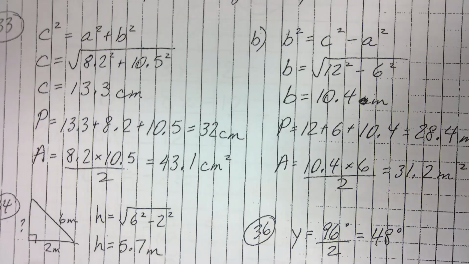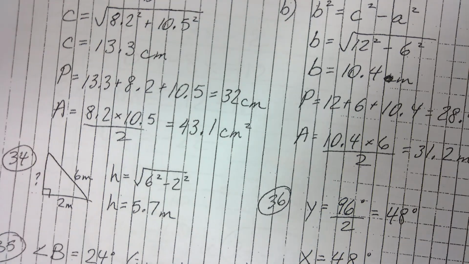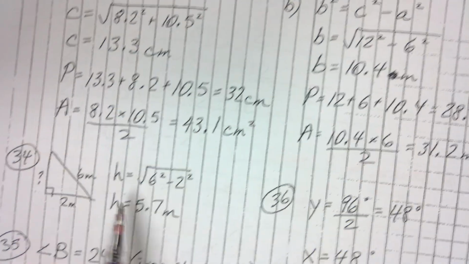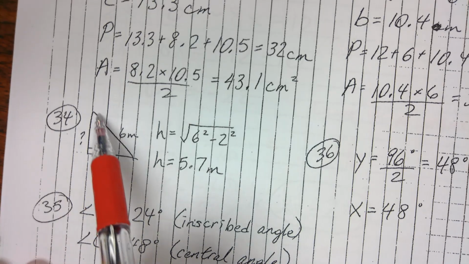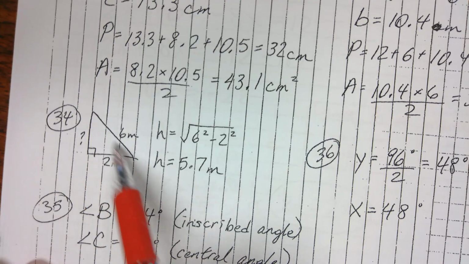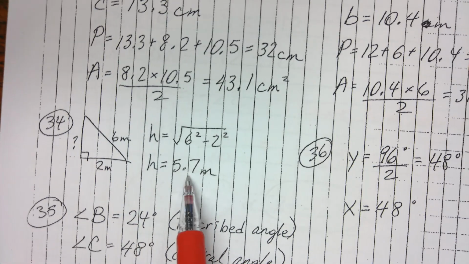Last 3 questions. A 6-meter ladder is leaning against a wall and is 2 meters away from the wall. So you are doing something like this. Draw the diagram. You actually know the hypotenuse because that's the ladder. The ladder is 6 meters, and you're looking for the side length. When you do this, you get 5.7.